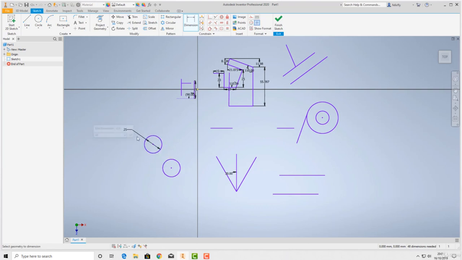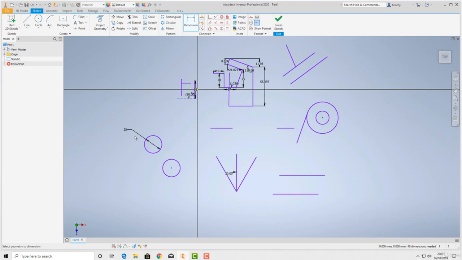So if we set that one 25, the other one changes. And you could use this to do a whole range of circles. If you wanted 50 circles to be the same diameter, you could just put equal constraints on them all and then put a single dimension on one object. That way, if in the future someone says it needs changing, you just change that one dimension on the one object, and because they're all constrained to be equal, they all change.